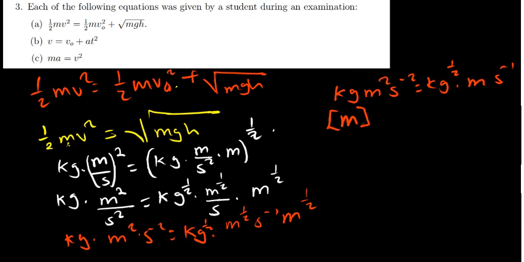And then this one is going to give us length, but it's going to be squared. Then this one is going to be time to the power 2. This one is going to give us half, and then times length, then time to the power negative 1.